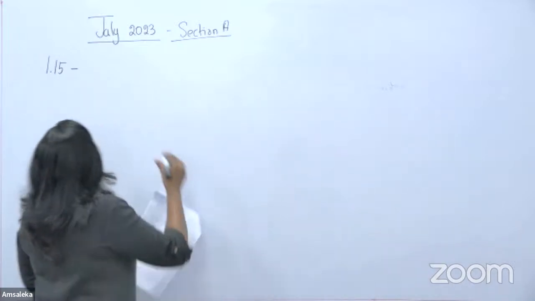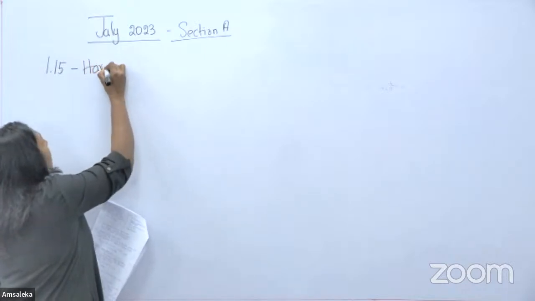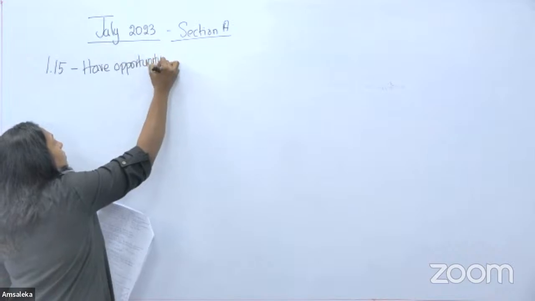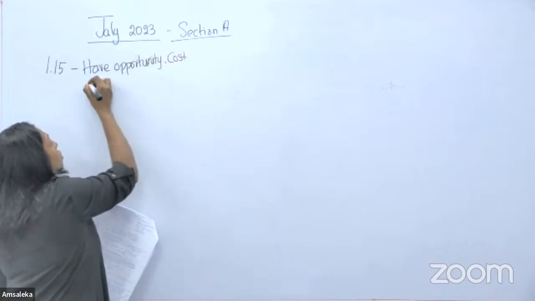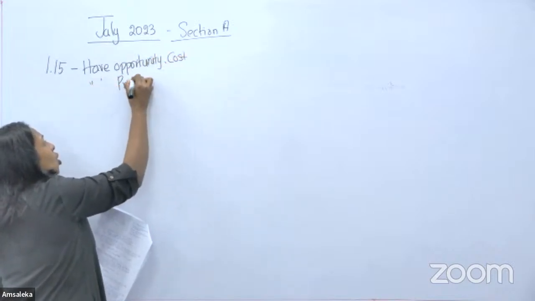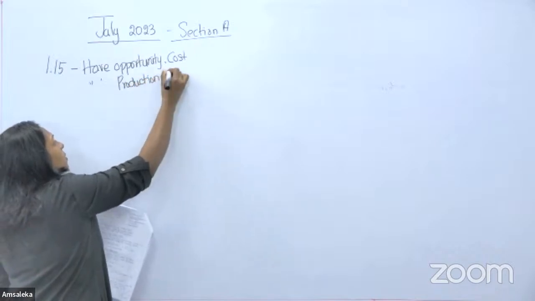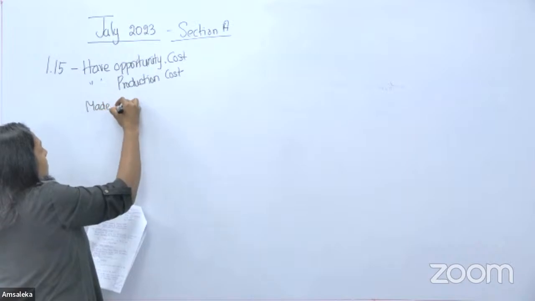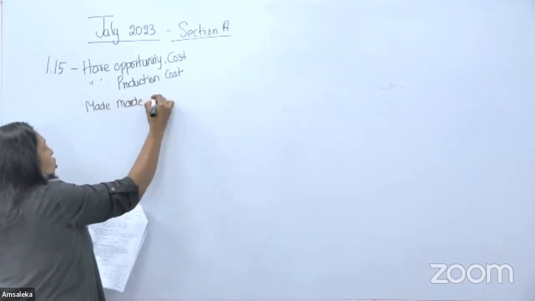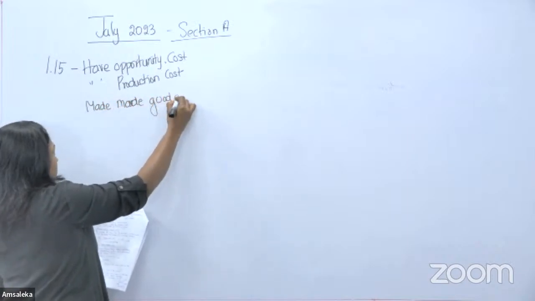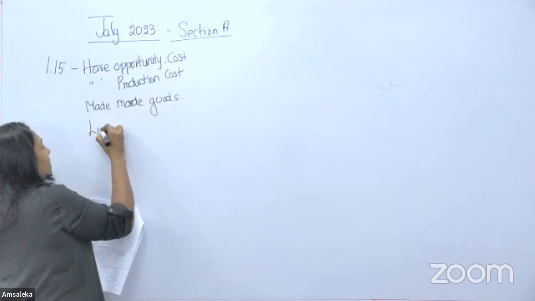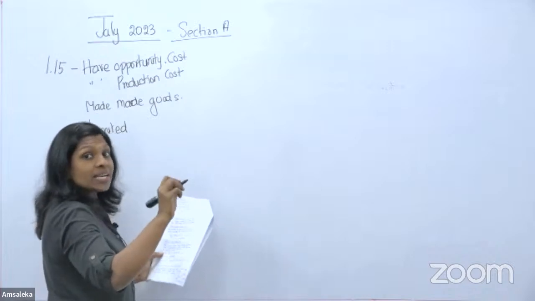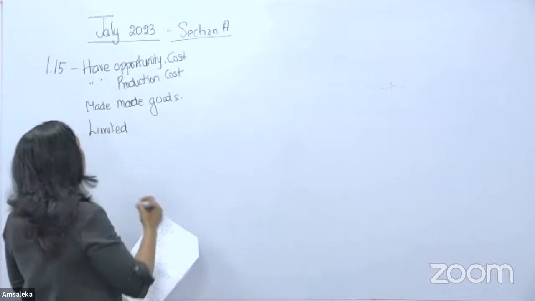So what are the things you can say? Have opportunity cost, you can say. Have a production cost. Man-made goods. They are limited, because resources are limited, so through the limited resources, produced goods are also limited.